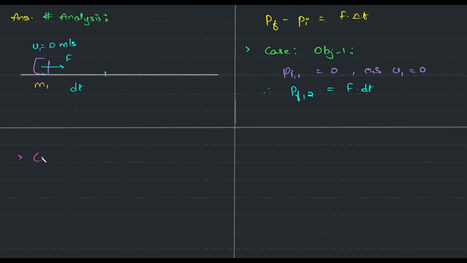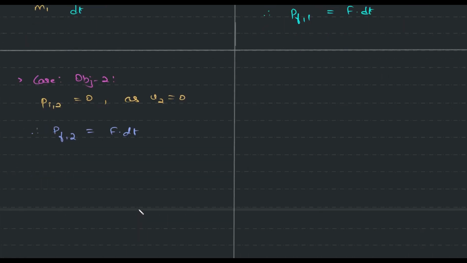Then we're looking at case 2, object 2. Here too, the initial momentum is 0 as u2 is 0. Therefore, we have Pf of 2. This is Pf1, by the way, guys, and this is Pf2, which is F into delta t.